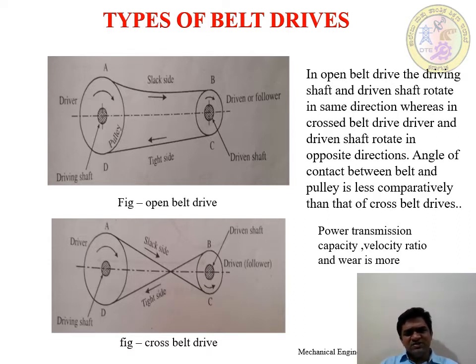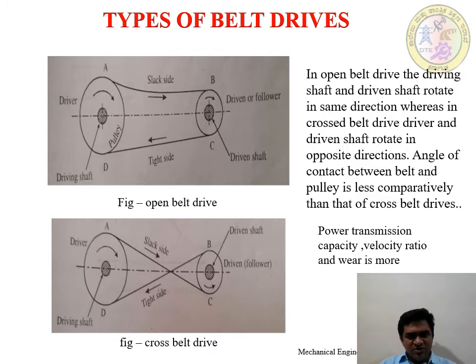The basic difference between these two drives is that in cross belt drive the power transmission capacity is more than that of open belt drive, and the velocity ratio is also more in cross belt drive than in open belt drive.